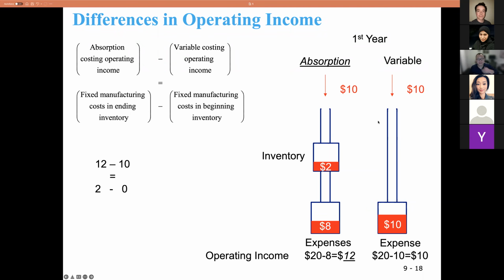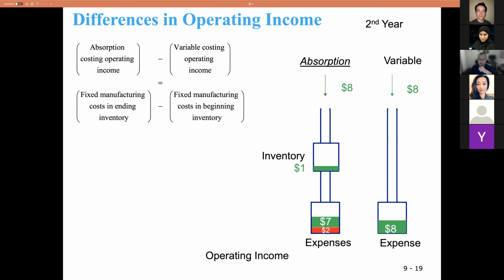Robert was asking a very good question. So let's see the second year. This is the first year, so let's take a look at the second year. For the second year, I use a different color. The fixed manufacturing overhead cost is $8. Once again, under variable costing, that $8 goes to the expenses directly.